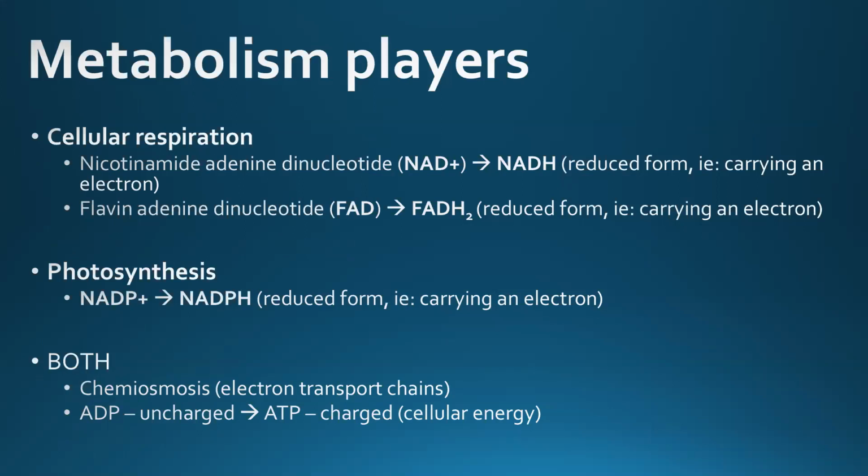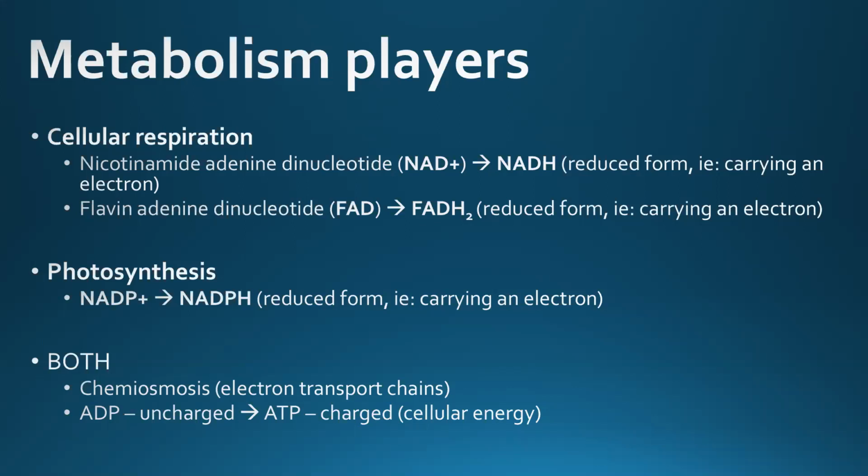So NAD+ goes to NADH when you add an electron, reduction, right? Flavine adenine dinucleotide, FAD, will go to FADH2 because you're going to add an electron to it, and it's, again, going to be reduced.